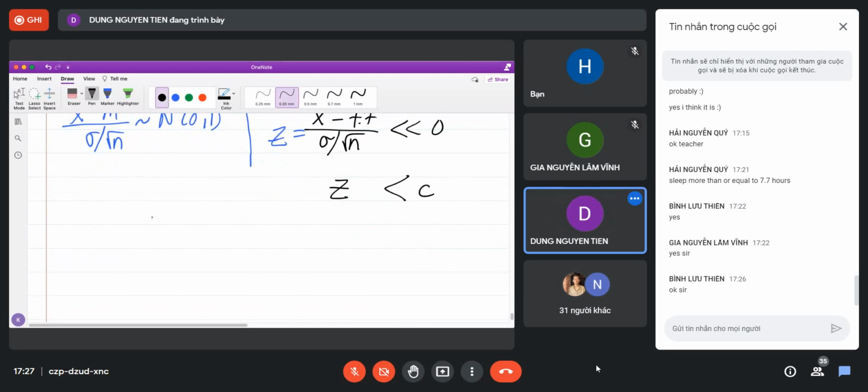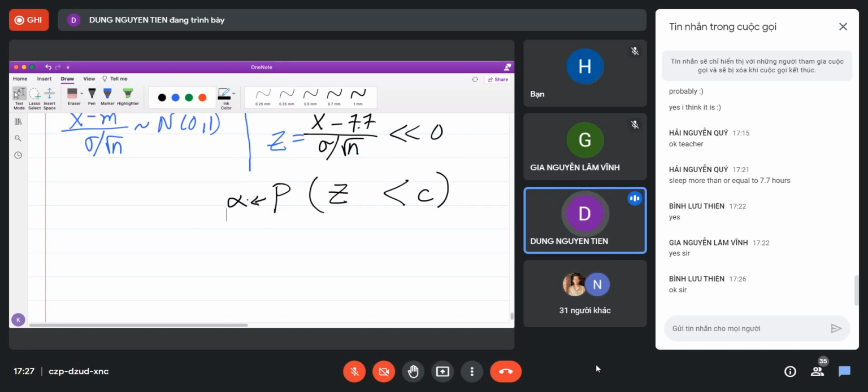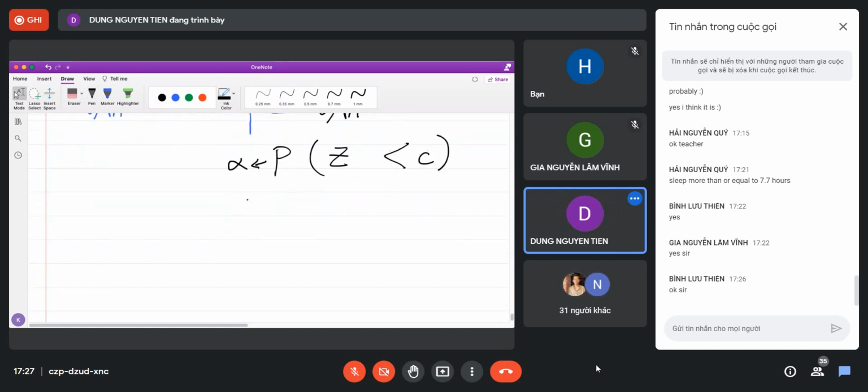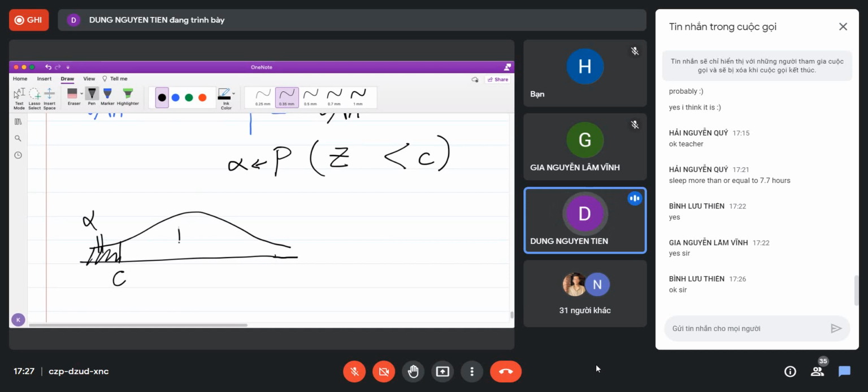Well, you can come up with the probability that Z is less than C. The probability that Z is less than C is the probability that you are wrong, and that would be alpha. Alpha is the probability that you allow yourself to be wrong, right? So you come up with the graph of the density curve for the standard normal distribution, and you get the value C here. This is alpha, right?